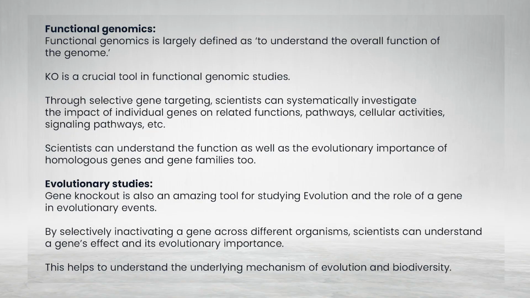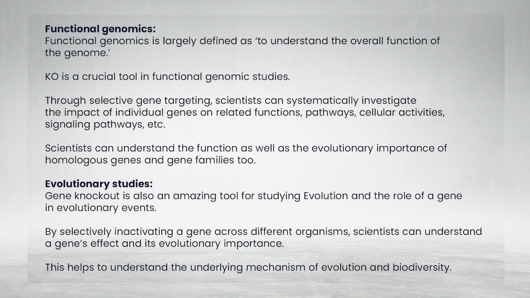Now, let us look at the application of knockout in functional genomics. Functional genomics is largely defined as understanding the overall function of the genome. KO is a crucial tool in functional genomic studies.